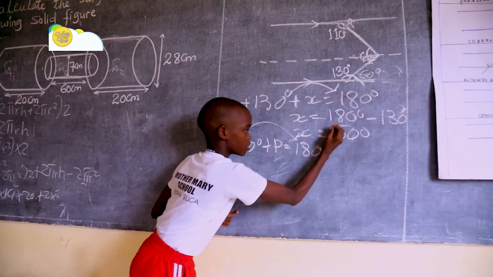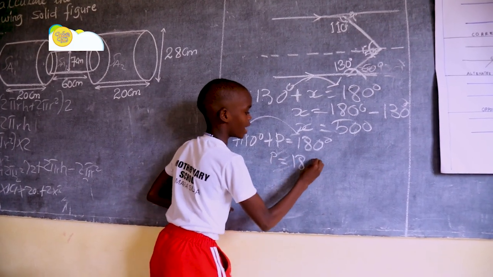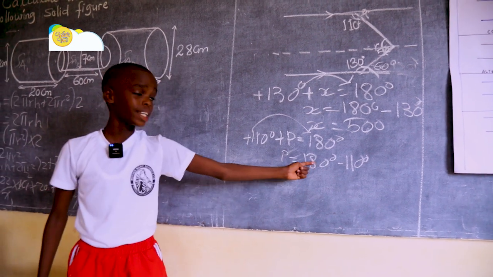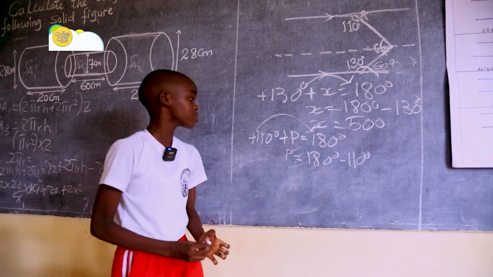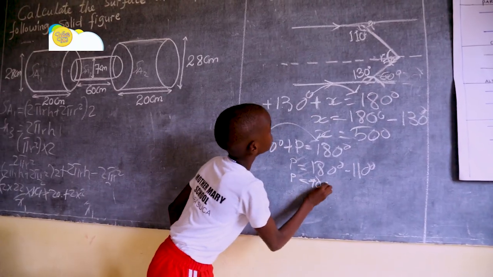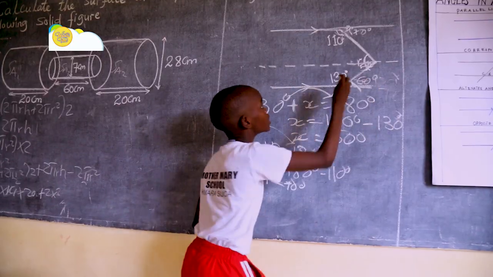If it crosses the equal sign, it becomes negative. So P is equal to 180 degrees minus 110 degrees. If you take 180 degrees minus 110 degrees, the answer you get is 70 degrees. Therefore, here is 70 degrees.